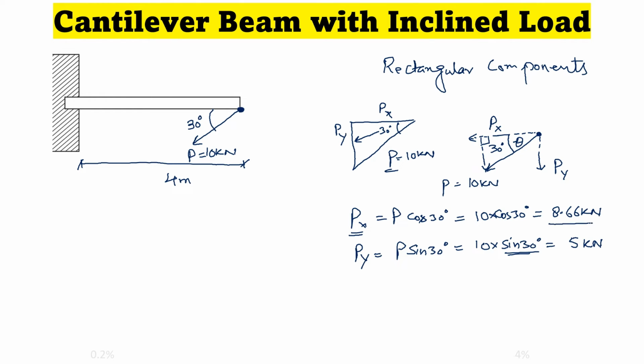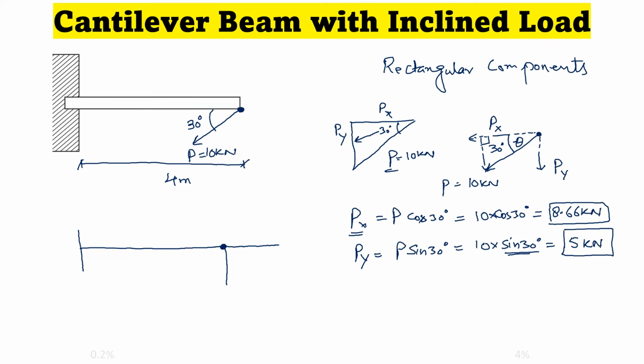So when we have determined these two components of the load, we can apply these components separately on the beam. We will remove this inclined load and we will draw the free body diagram of the beam like this. You have to keep in mind that the point of application of the loading is here. So at this point, you will apply two loads, vertical and horizontal.